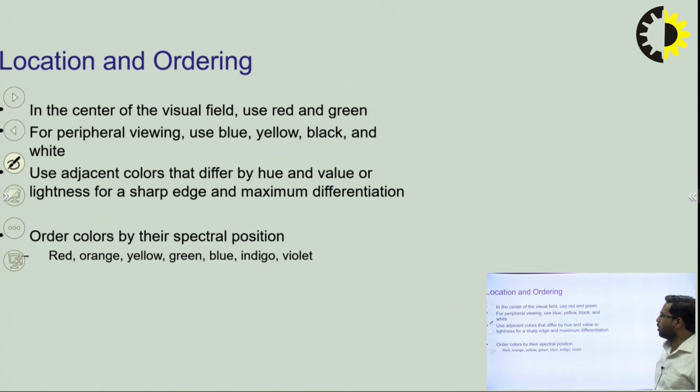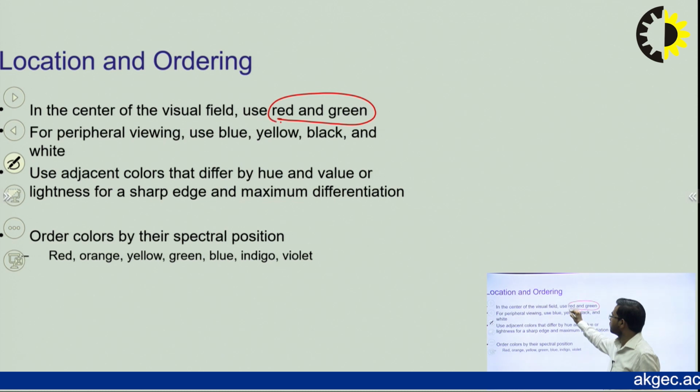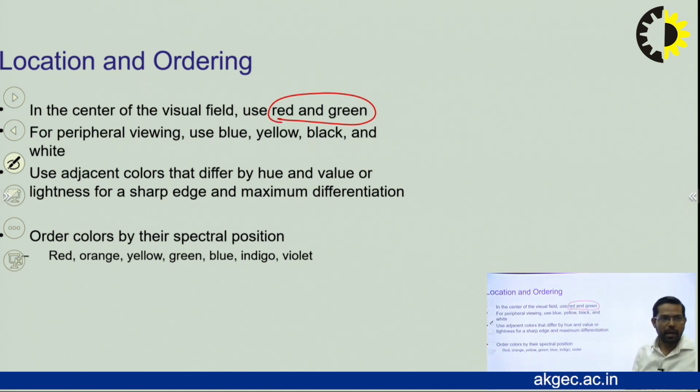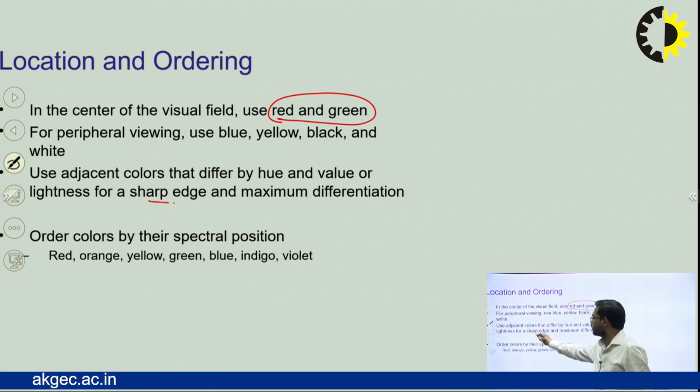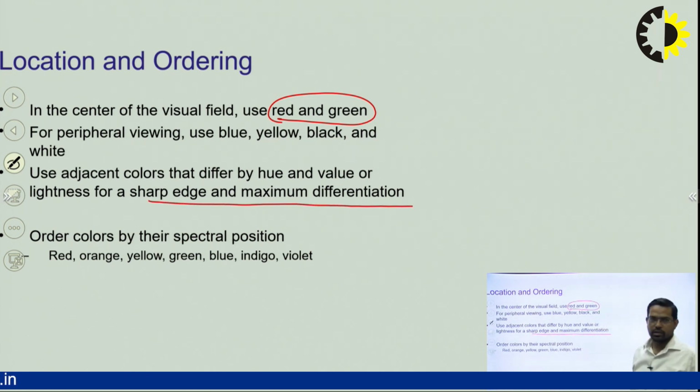Location and ordering. What kind of location and what kind of order do we follow? In the center of the visual field, we use red and green. For peripheral viewing, use blue, yellow, black and white. Use adjacent colors that differ by hue and value, or lightness, for sharp edges and maximum differentiation.